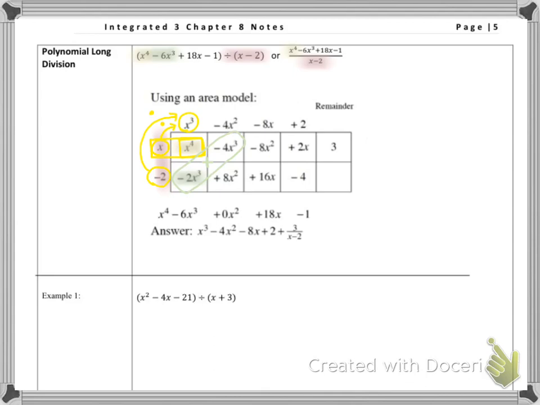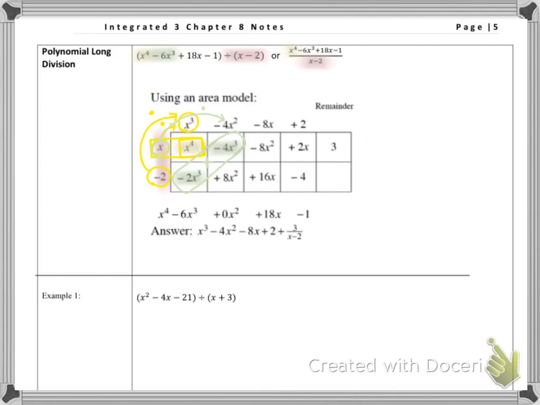Okay, so we've got the -2x cubed from the multiplication. The only way that you're going to add -2 to something to get -6 is a -4. So we have a -4x cubed. Now you do the exact same thing you did just a minute ago. We have the x on the outside. It's going to be times something to get the -4x cubed.